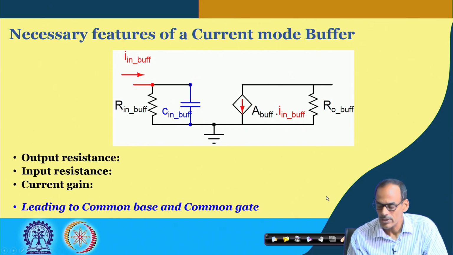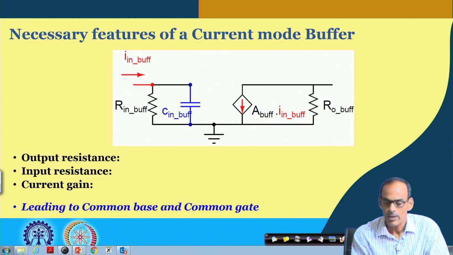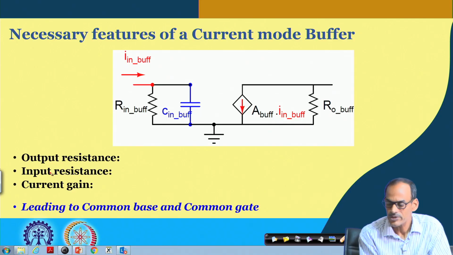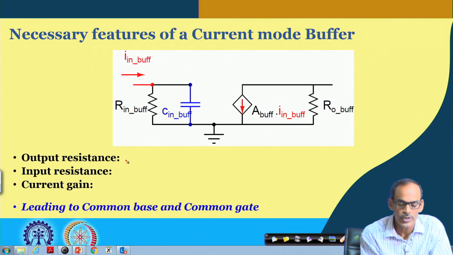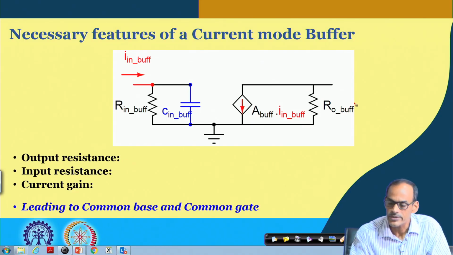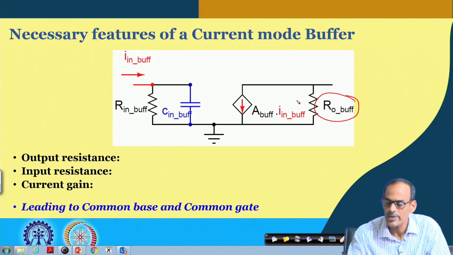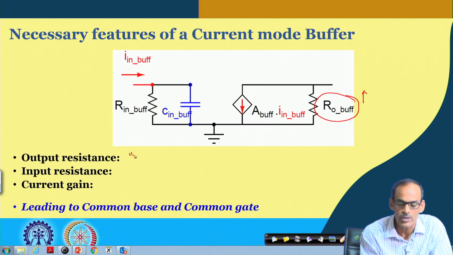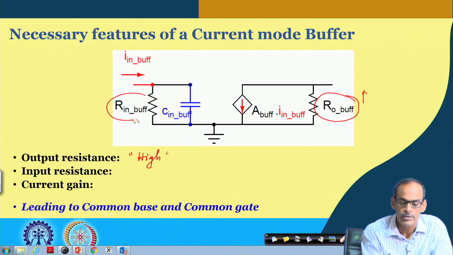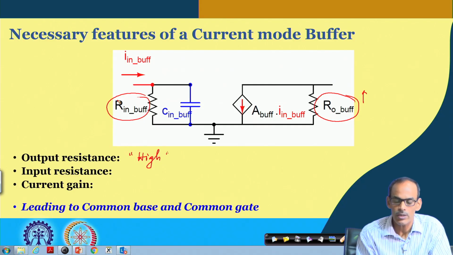So, this is the required buffer for current mode amplifier cascading. What we are looking for is that the output resistance, to avoid the loading effect, should be as high as possible, quote and unquote high. And then the input resistance is the dual effect.